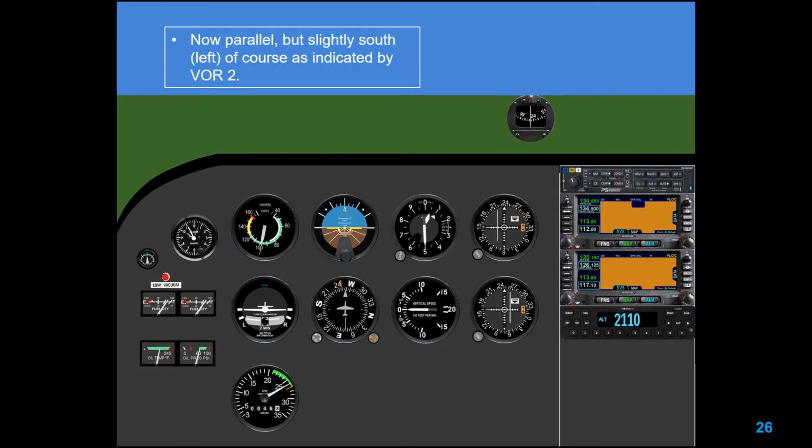Now parallel but slightly south or left of course as indicated by VOR 2. Right now we're following VOR 2. We're setting VOR 1 to the correct course for Victor 350.